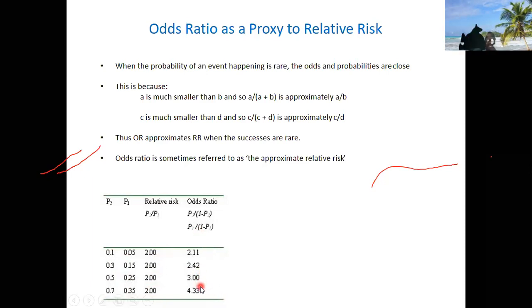The odds ratio is increasing. But you see that the value of the odds ratio is closer to that of the relative risk when the disease is smaller. Here it is 2.11. Here now, as the disease is becoming more common, 2.42, 3. Can you see?